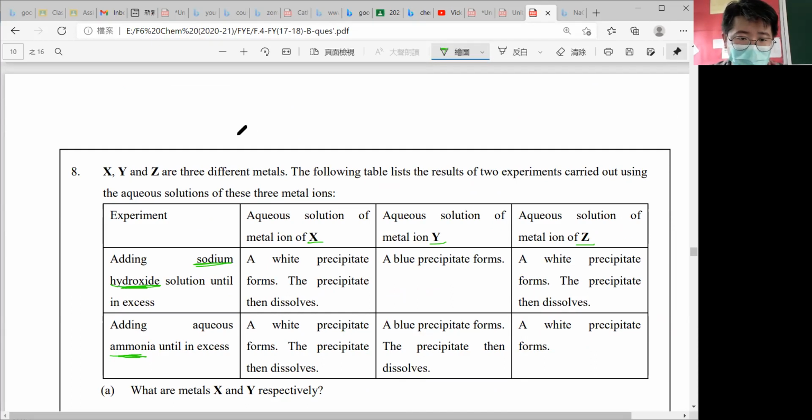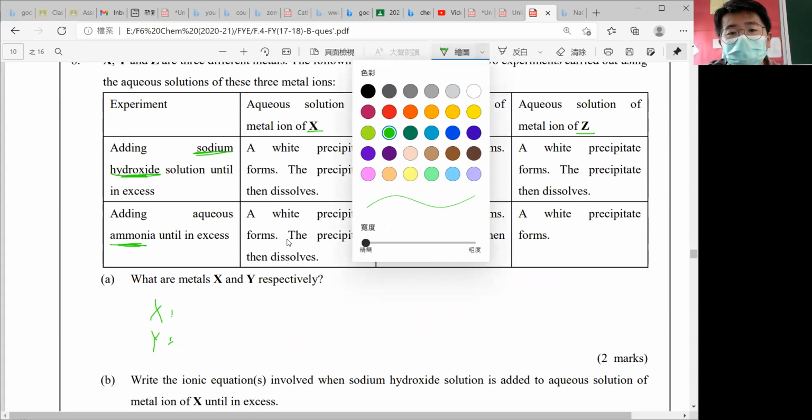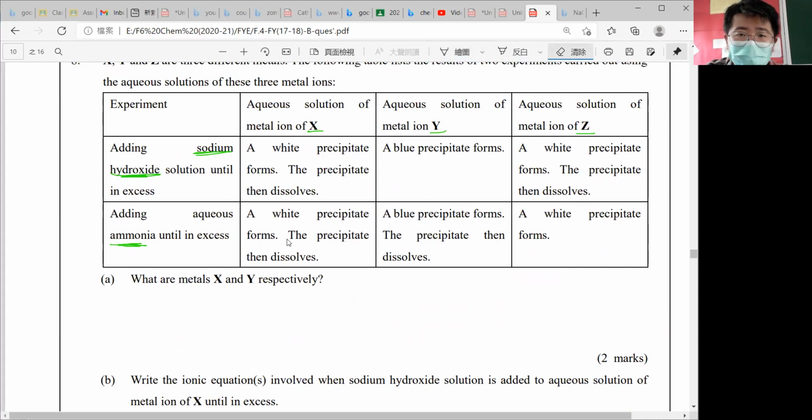You read the questions, and here comes: what is metal X and Y? X is zinc, and Y is copper.